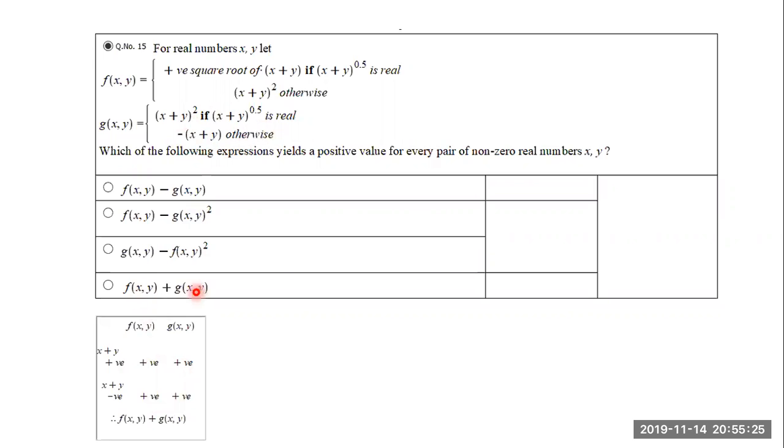Therefore, only in this case it will be positive. Otherwise, we may get negative or positive. Since I am adding a positive number to a positive number it is positive, but with a positive number and a negative number it may be positive or negative in all these three cases. This is the only case it will be always positive. Therefore, what is the answer? The last one. Very good.